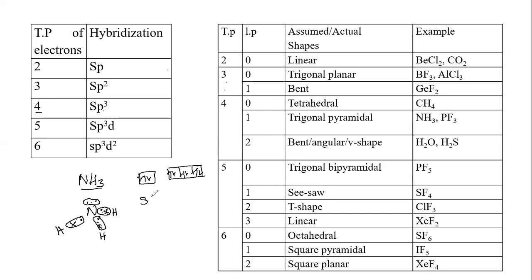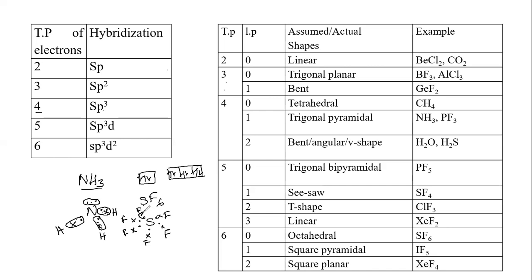Now, what about something like SF6? Sulfur is in group 6, so it will have 6 outermost electrons: 1, 2, 3, 4, 5, 6. So fluorine comes, another fluorine comes, another fluorine comes, another fluorine comes, another fluorine comes, another fluorine comes.